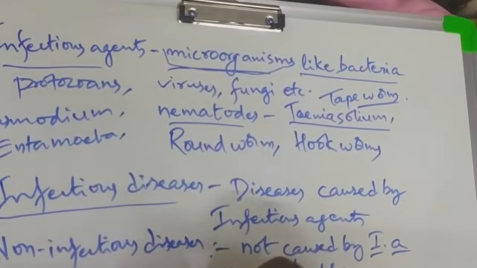So totally, based on the immediate cause of the disease, diseases are of two types: infectious diseases and non-infectious diseases.